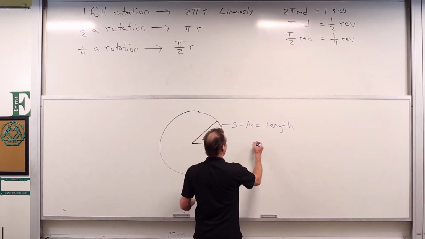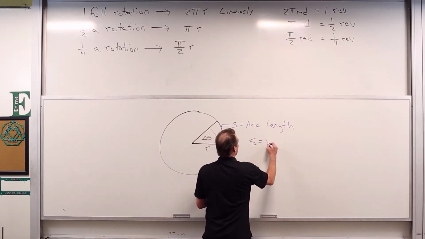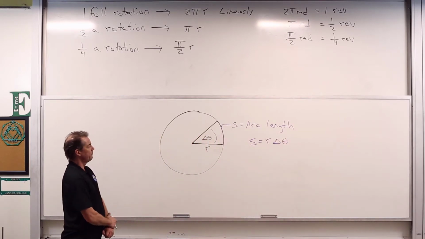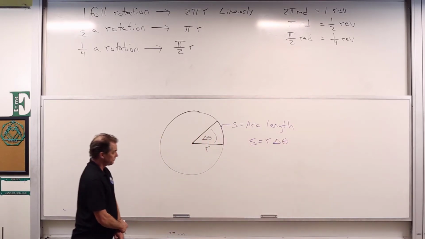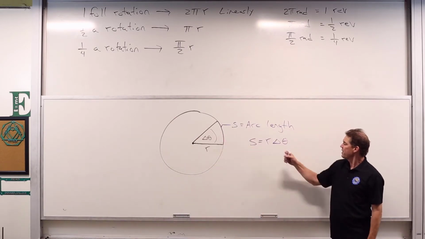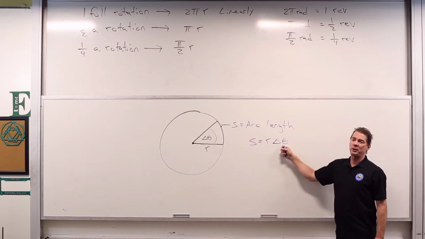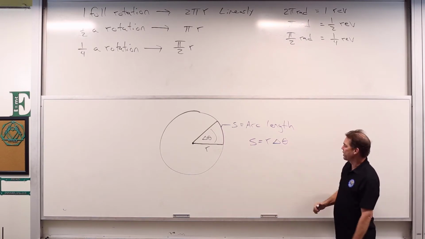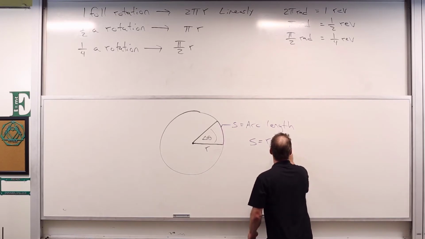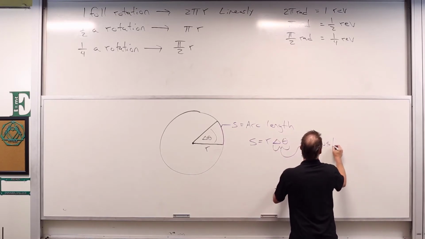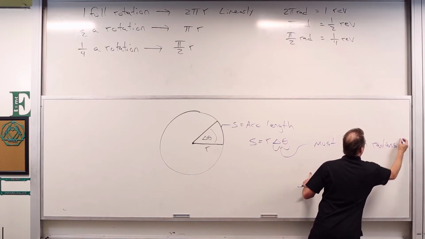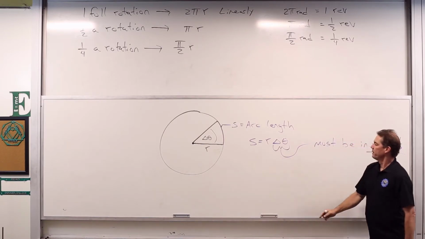So what do we have? Arc length is how much it moves forward, and that's equivalent to the radius multiplied by delta theta, the angle under consideration, which must be in radians.